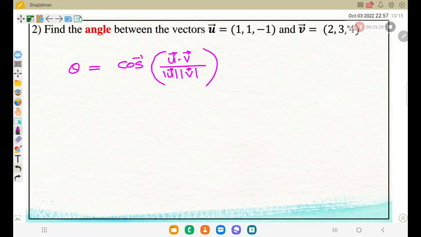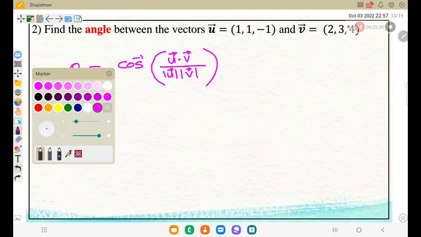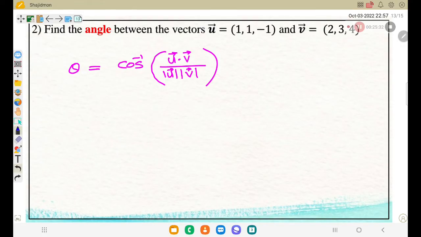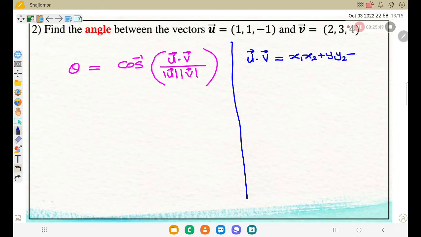So what we need to do? We need to calculate absolute u, absolute v and u dot v separately. First we are doing u dot v. We know the rule: x1 x2 plus y1 y2 plus z1 z2.